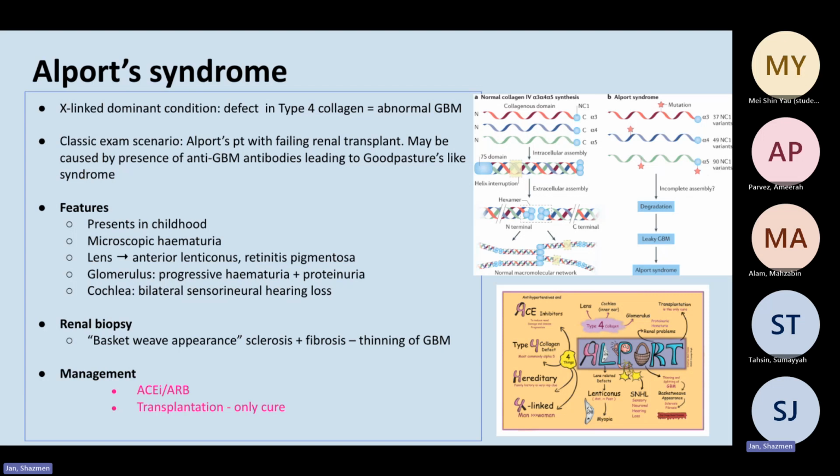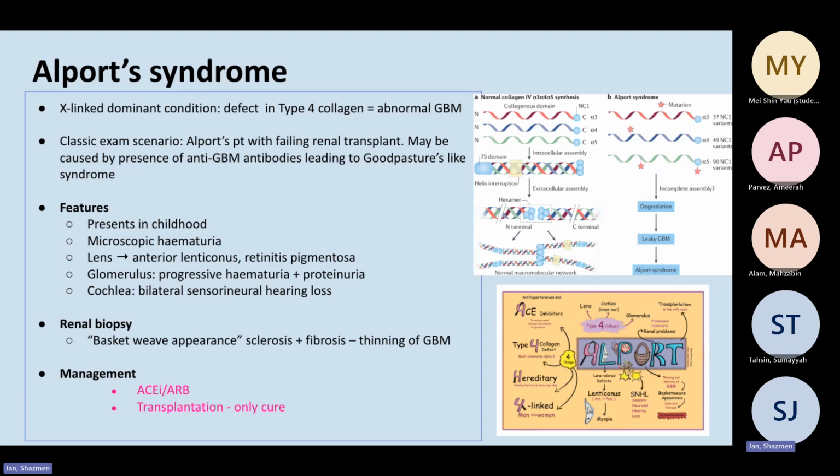But when they're given a renal transplant, that's going to have normal type 4 collagen. And so the body is going to recognize that as something foreign, something abnormal, and then develop antibodies against it. And so you'll see a Goodpasture's-like syndrome. So I think that's a good fact to remember if it does come up in exams.